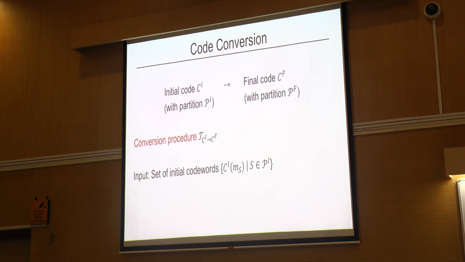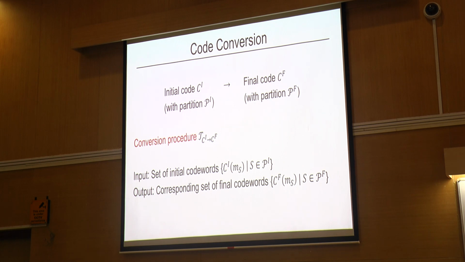The notation here, C of M, is the code word corresponding to message M under the code C. So the conversion procedure takes this multiple set of code words in the initial configuration, and it outputs the corresponding set of final code words, which are the result after conversion. So this conversion procedure helps in doing the conversion.